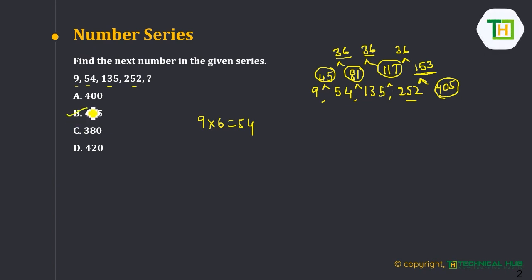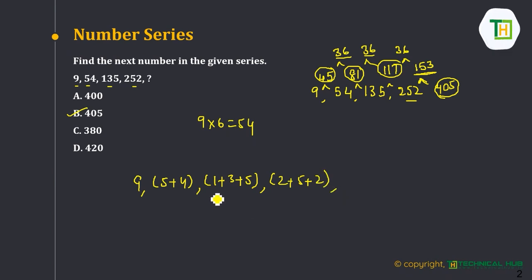Or else, if you want to answer it more simply, observe the sum of the digits of all these numbers. The first is 9, the next one is 5 plus 4, which is 9, the next one is 1 plus 3 plus 5, which is also 9, and the next is 2 plus 5 plus 2, which is also 9. But for this method, you must have options.